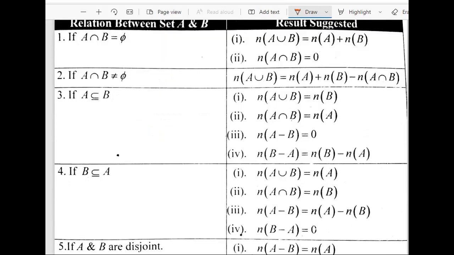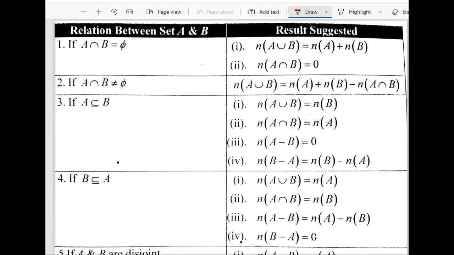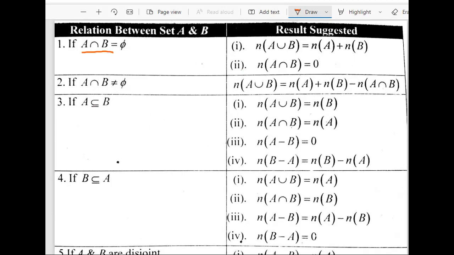Now we have the relation between set A and B. Now, if A intersection B is phi, what do we mean by this? A is a set and B is a set, and since their intersection is an empty set, a null set, I will not have any overlapping region, right?